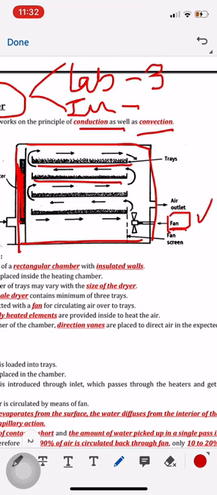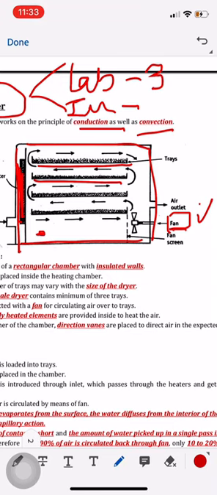This is very important part of tray dryer. If we don't have the fan, then we cannot have proper drying. Okay, there will be formation of hot spots or cold spots. What do you mean by hot spot? Hot spot means a specific place where the temperature will be higher. That is hot spot compared to other areas. And what is cold spot?